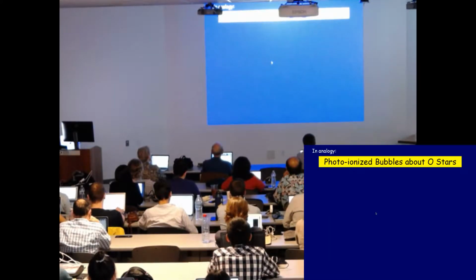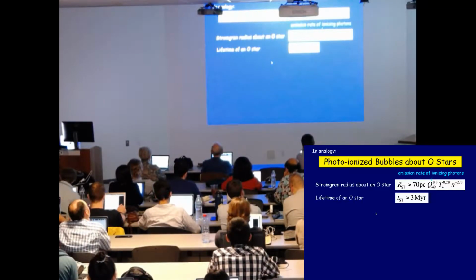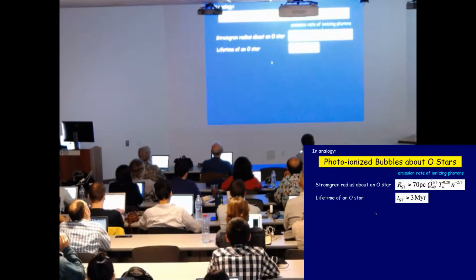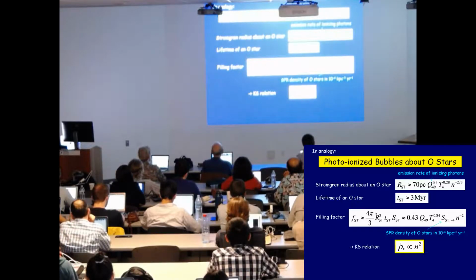There are other complications. Not only supernova bubbles, there are Stromgren bubbles of photoionized regions around all stars. You can do the calculations there as well. And when you do this analytically, you get the Stromgren radius and the time like this. Again, the filling factor like before, and you get the result, and you end up with a steeper slope.